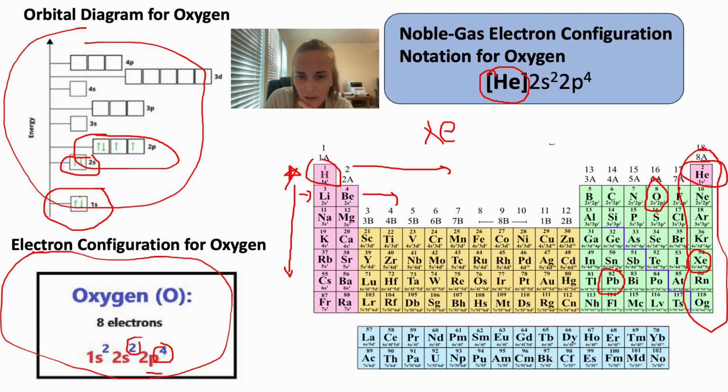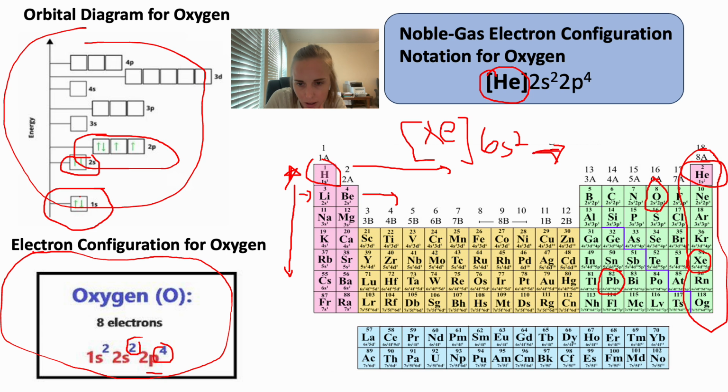Oh man, that is rough. We could put our brackets around it. And then we could come down to our next row, which is right here, and that is your 6th energy level. So then we can start at 6s2, and then we can finish our configuration from there.